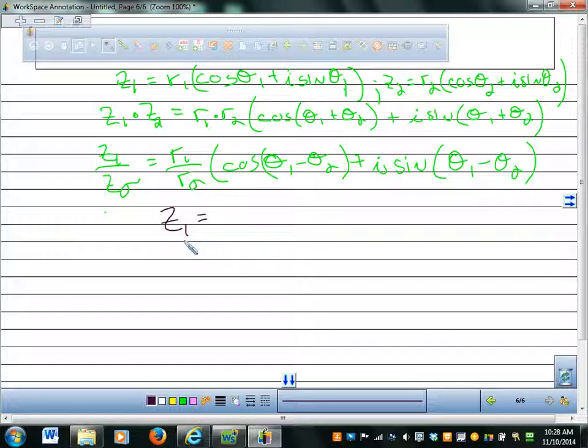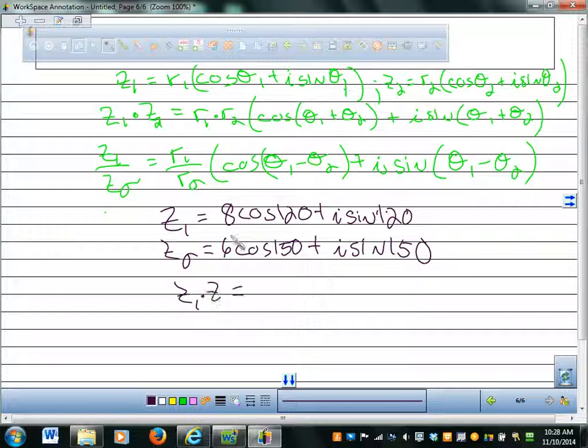If z1 is equal to 8 cosine 120 plus i sine 120, and z2 is equal to 6 cosine 150 plus i sine 150, then z1 times z2 is equal to 8 times 6 times the cosine of the sum of these two, which is 270, plus i sine of 270.